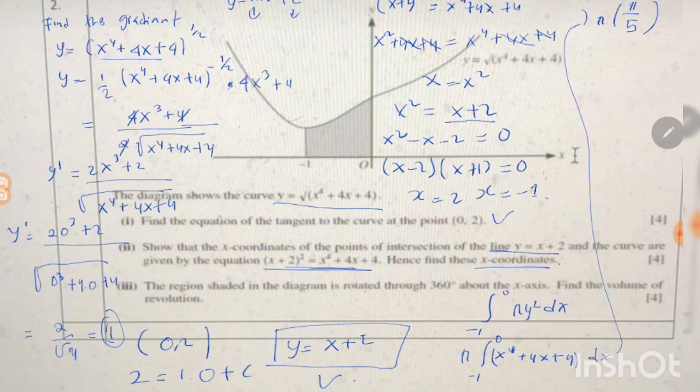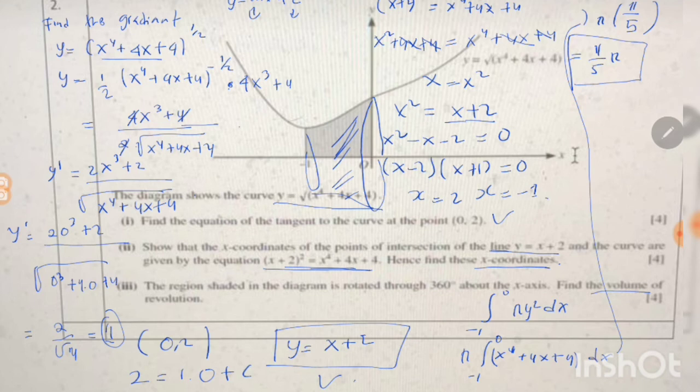Then you have the volume of the shaded region when you rotate about the x-axis, right? So the volume in this case equals 11 over 5 π. Okay, so this is for part ii.